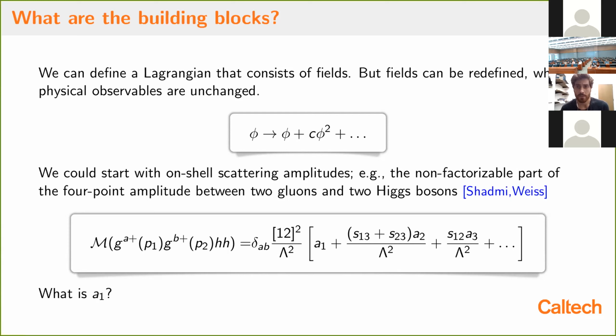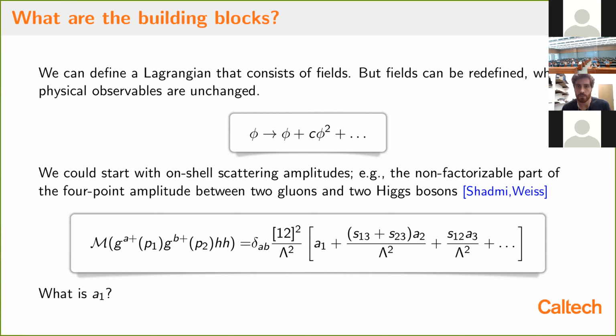But there is a fundamental issue with this, in that the fields do not have any special meaning by themselves, because you can always redefine your fields. So my set of fields can be different from your set of fields, and hopefully our predictions for physical observables will be the same. This is encapsulated in what are called field redefinitions.